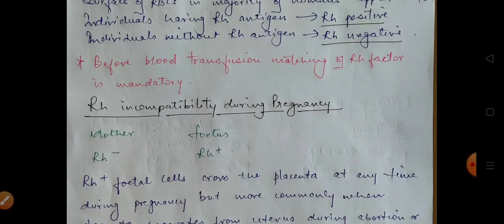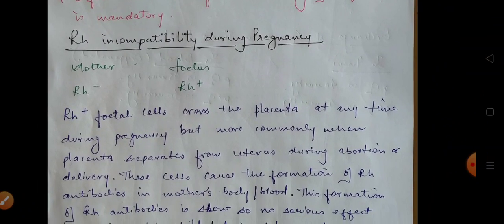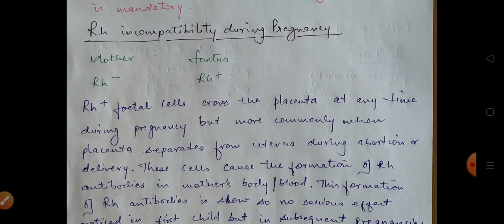Now we'll discuss RH incompatibility during pregnancy. During pregnancy, the fetus receives components, or genetic components, from the father as well as from the mother through sperm as well as through ovum. So here, the mother is RH negative.